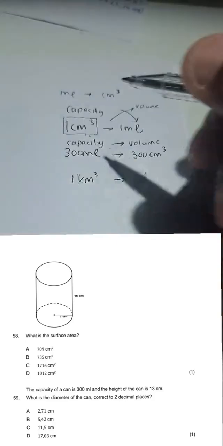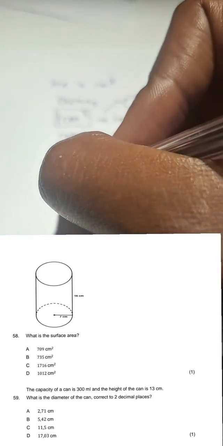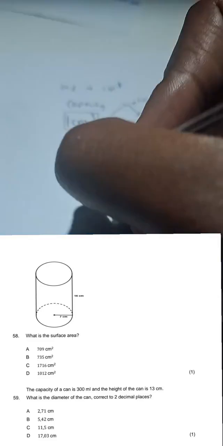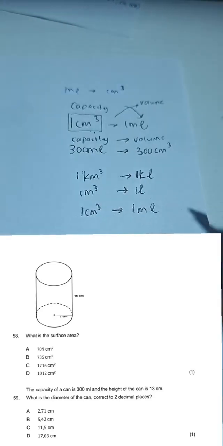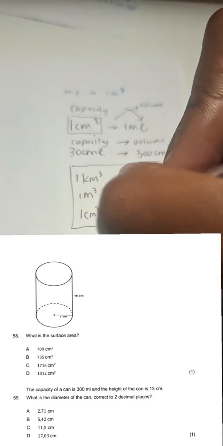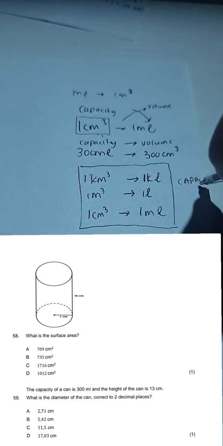So 1 kilometer cubed is equal to 1 kiloliter. 1 meter cubed is equal to 1 liter. 1 centimeter cubed is equal to 1 milliliter. So this here, guys, is how we can convert capacity.